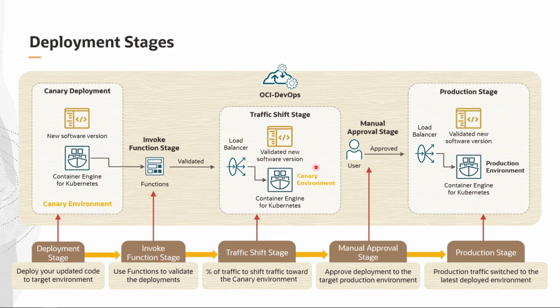Now, based on the user's reception of your new software version, you can also have a manual approval stage where you can decide whether the deployment in your canary environment should be moved to the production environment. And once that approval has been received, your load balancer now can move all the traffic from the original environment towards the canary environment where you have the latest updated version of your software running.